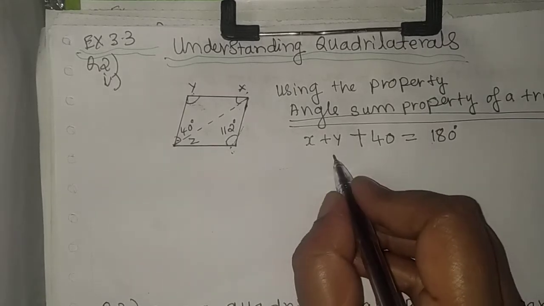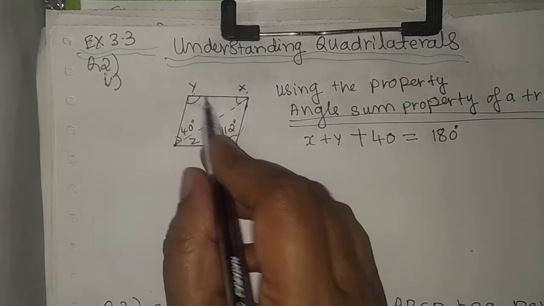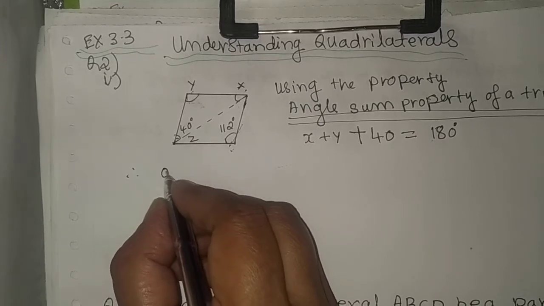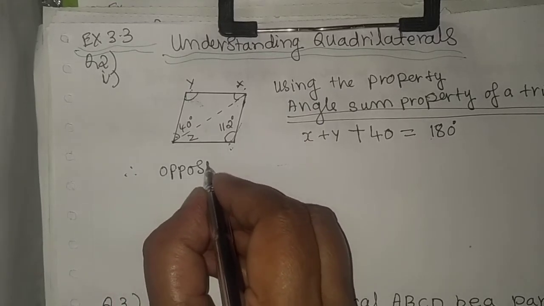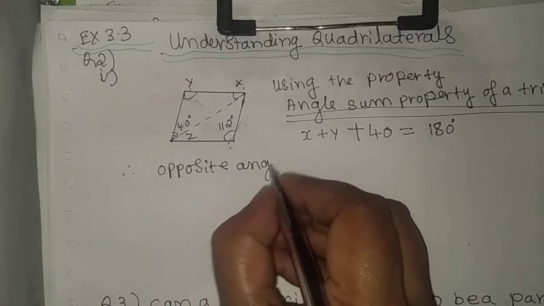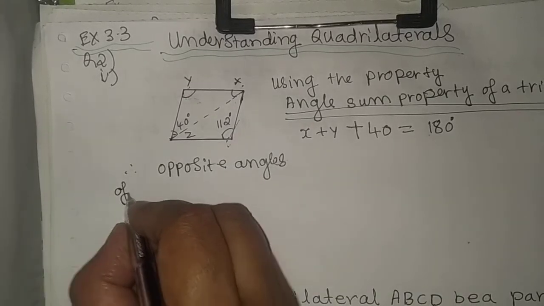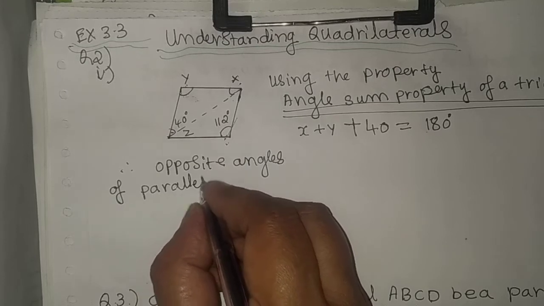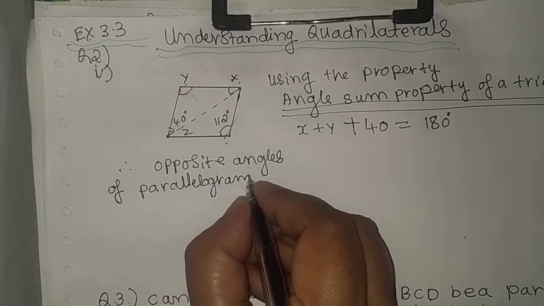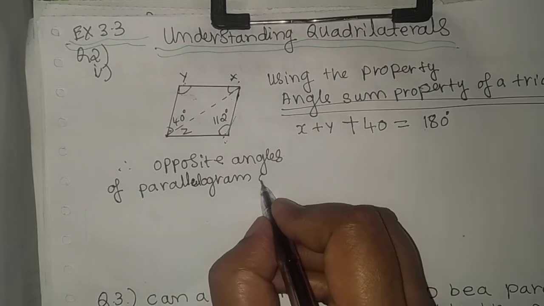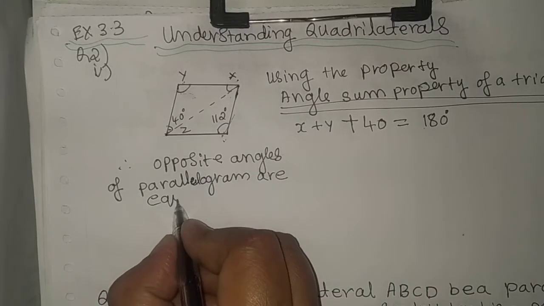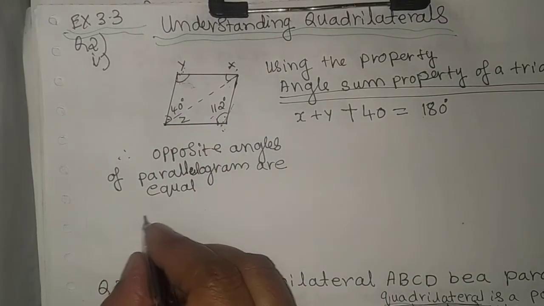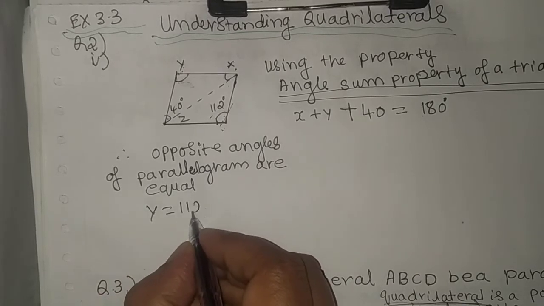Since these two are opposite angles, we use opposite angles of a parallelogram are equal. So we take this one as y. Therefore y is equal to 112 degrees.